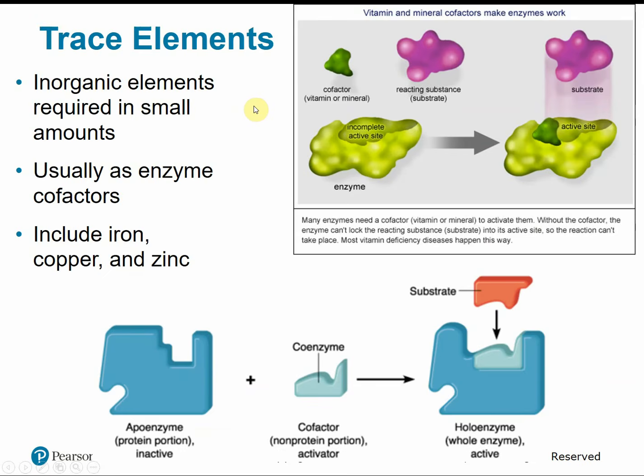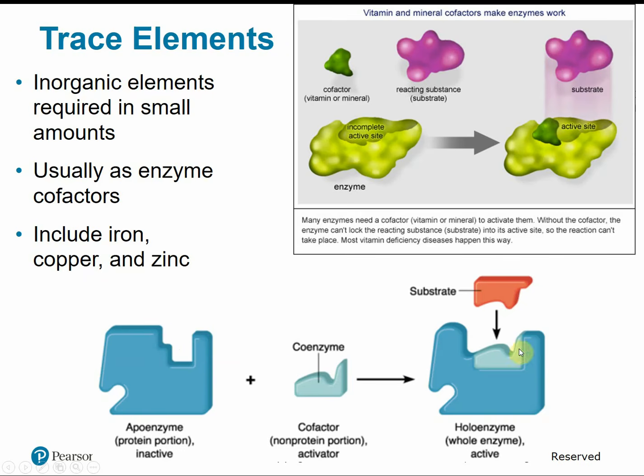Trace elements are things like vitamins and minerals, or inorganic elements that are only required in small amounts. Most of these are going to function as your enzyme cofactors, so things like iron and zinc. Remember, the cofactors or coenzymes, we said, allow an enzyme to function. Without the coenzyme, our substrate won't fit on our active site.